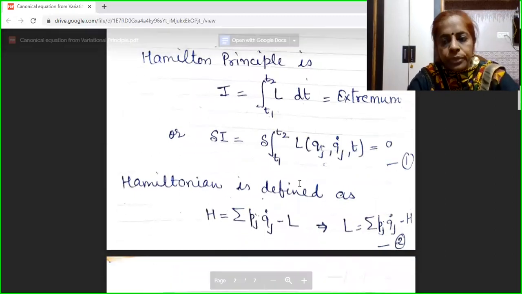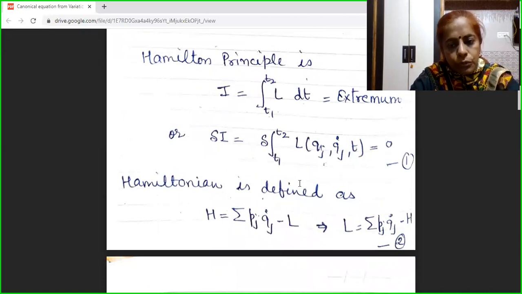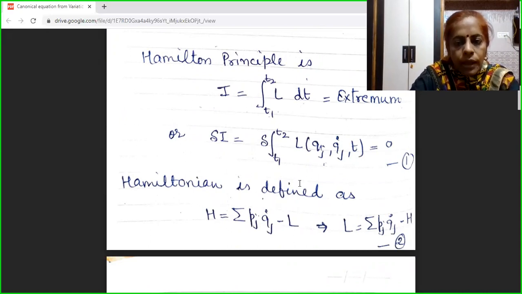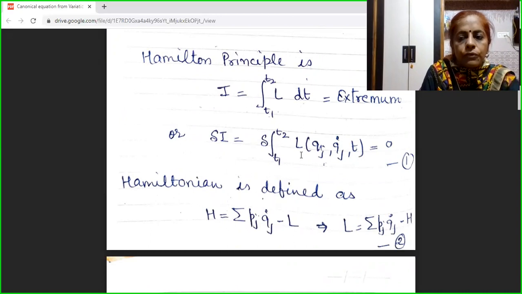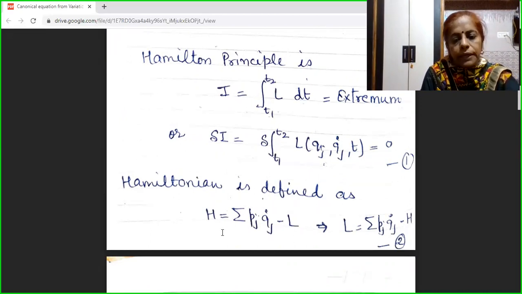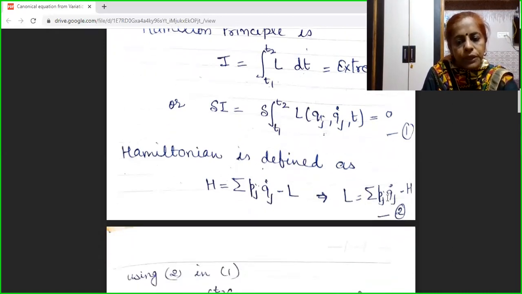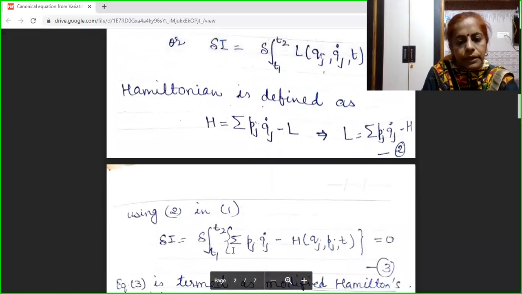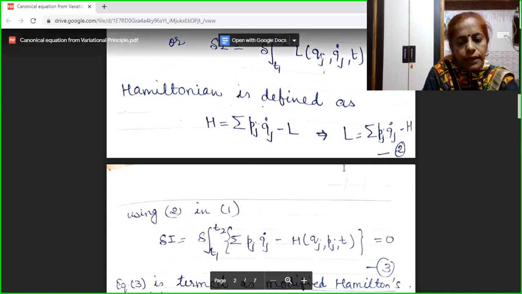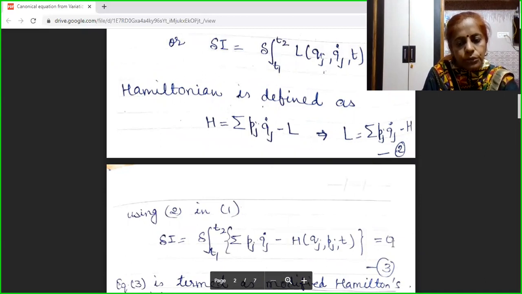Now what we are going to do, as we have to derive canonical equation of motion, and the canonical equations of motion are in terms of Hamiltonian, so we will change this variational principle from L to H. The relation between H and L is, Hamiltonian H equals summation Pj Qj dot minus L, or L equals summation Pj Qj dot minus H. So in Hamilton's principle, I am substituting L to be summation Pj Qj dot minus H. Therefore, del I equals del of the integral of (summation Pj Qj dot minus H) dt, equal to 0.